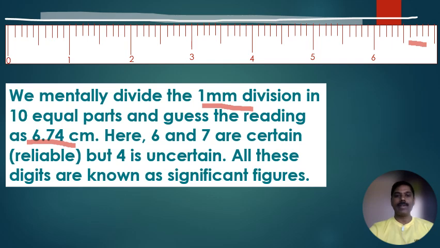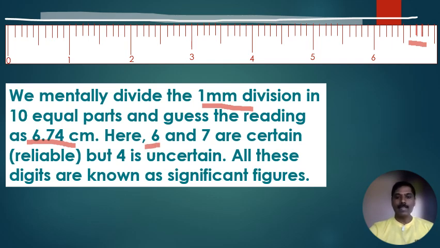Let us assume that we guess it is 6.7 because the value is lying between 6.7 and 6.8 here, so that we sometimes take it as 6.74. Of course, some other person may take it as 6.75 or 6.76 also. Just as a typical example, I am taking 6.74 centimeters here.